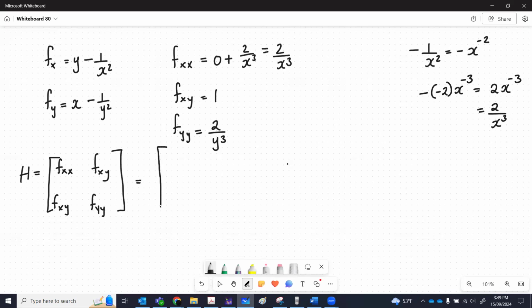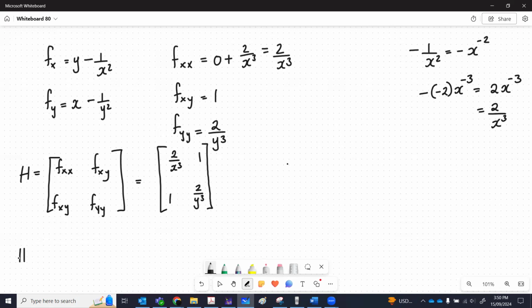Now just substituting my values, fxx is 2 over x cubed, and then fyx is 1, and here I have 1, and the second order partial derivative with respect to y is 2 over y cubed.